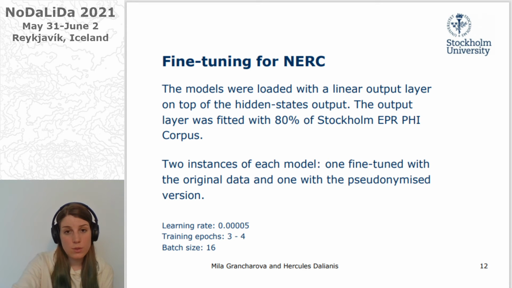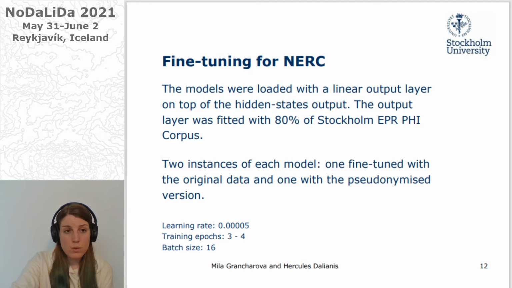To be able to use a BERT model for a specific downstream task, it first needs to be fine-tuned for that specific task with domain-specific data. So we've loaded these two BERT models with a linear output layer on top of their hidden states output, and fitted this layer with 80% of our corpus, the Stockholm EPR PHI corpus.